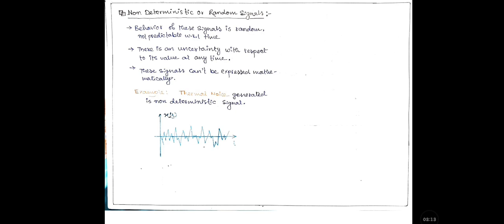As you can see in this graph, it is more uncertain than the previous one, and this is random. The value of these signals at any time varies with time. That's why these signals are called random signals. An example is thermal noise generated.